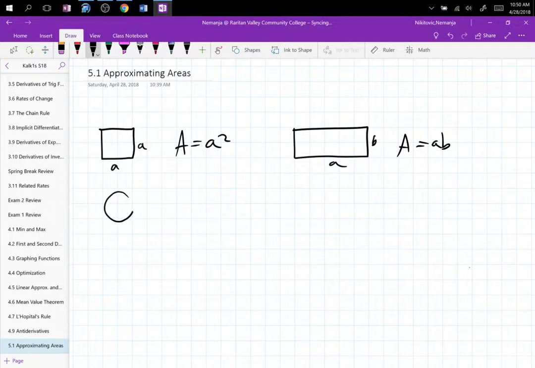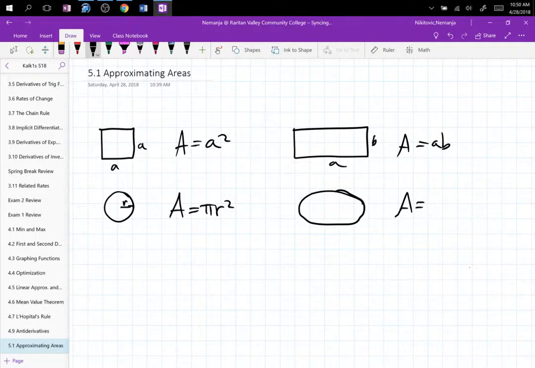You have a circle whose area is pi r squared. Does anyone know the area of the ellipse? Pi a b.